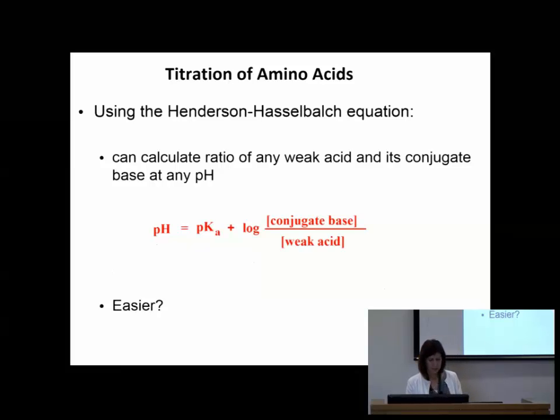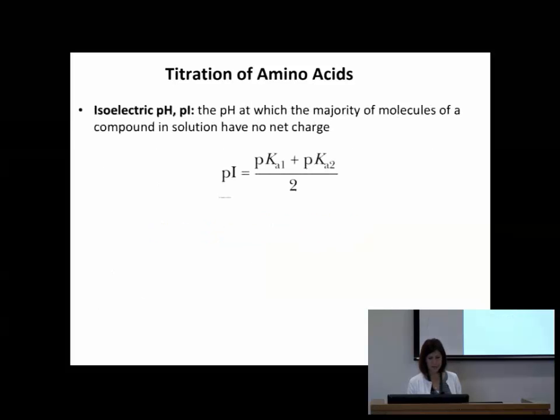Let's move on and talk about that isoelectric point again. It's a pH at which the majority of the molecules have no net charge. So they can have charges on them, but the net charge has to be 0. If you have an amino acid that does not have an ionizable side chain, then it's just the average of the two pK values.